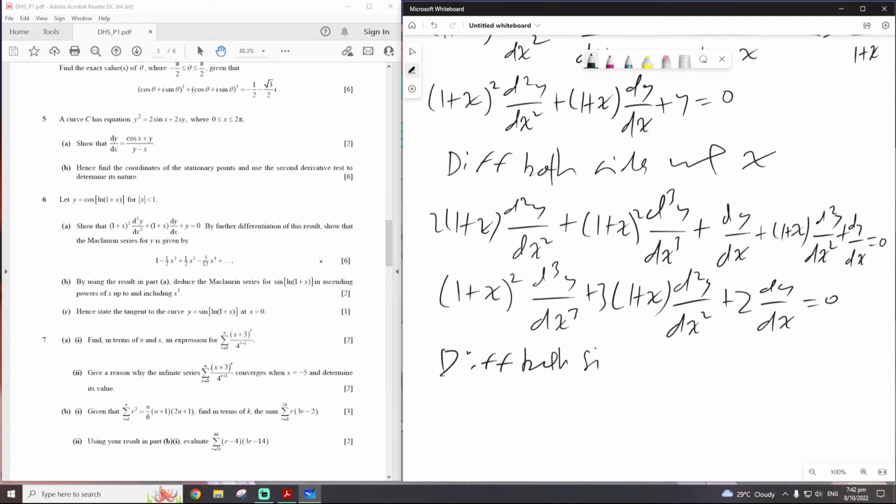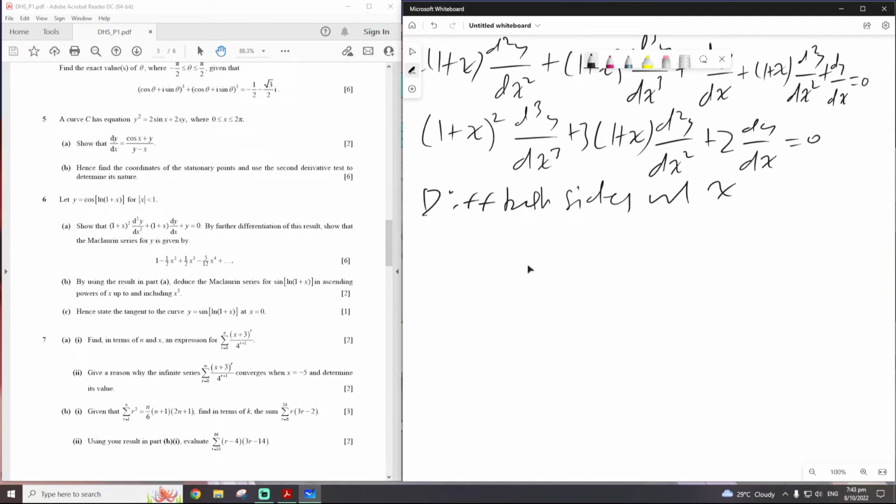That's the thing about Maclaurin's. Sometimes you're going to do quite a lot of differentiation. Okay, I'm going to now get (1 + x)² d⁴y/dx⁴.